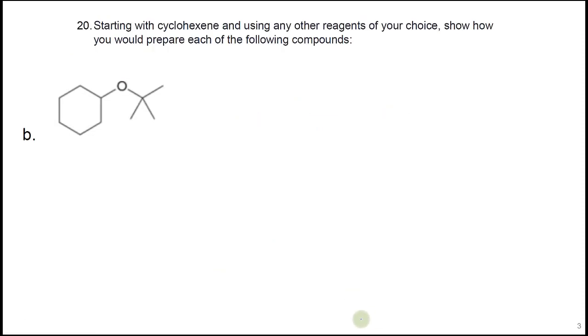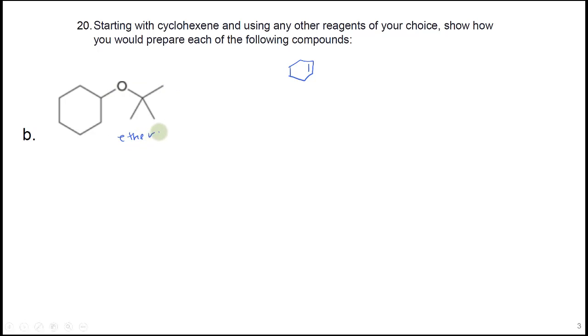All right, this is a different problem. We're starting with cyclohexene, and we need to synthesize this compound using any other reagents. So what I'm recognizing here is that this is an ether on one carbon.